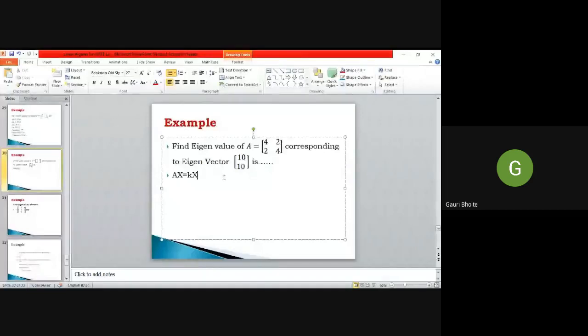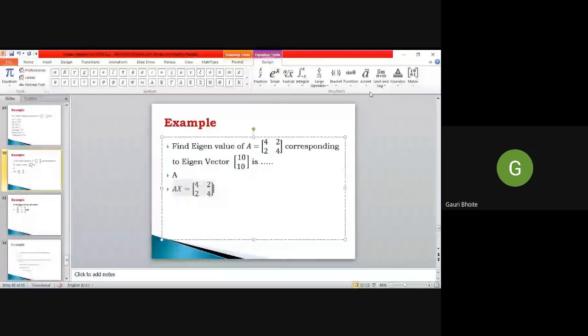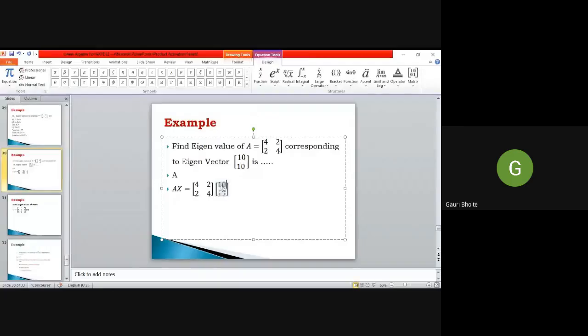How do we simplify this? What we have to find out is A into x, so matrix multiplication, you know. Ax is equal to, I multiply this by the vector and find the resultant entries.